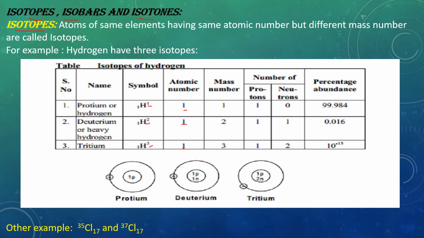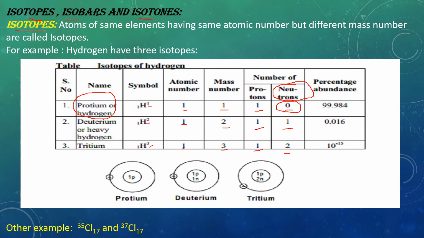But mass number is different, that is protium is having mass 1, deuterium is having mass 2 and tritium is having mass 3. Now number of protons in protium is 1, in deuterium is 1 and in tritium it is 1, because atomic number is same, so the number of protons should be same. So actually isotopes differ in the number of neutrons. So in protium there is no neutron, in deuterium there is 1 neutron, and in tritium there is 2 neutrons. So remember one thing, protium is the only element in which there is no neutron present.